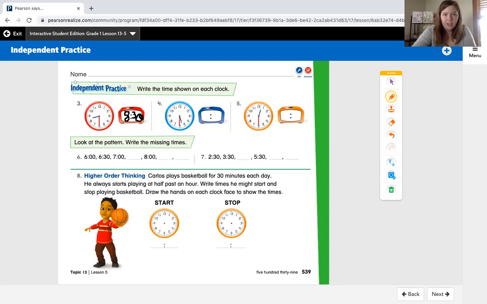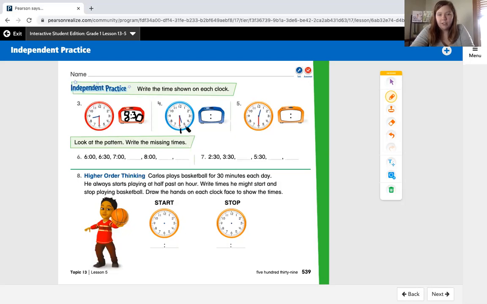What time is it on our clocks? It is 8:30 or half past 8. Next, we're going to look again for our short hour hand. What numbers is it pointing between?